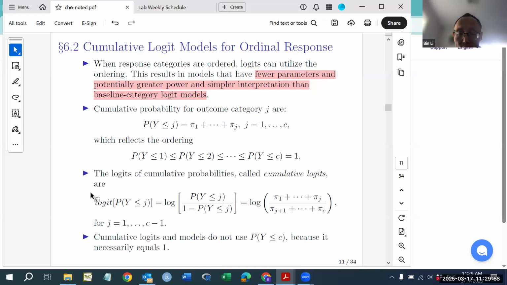Okay, so what is cumulative logit? It's the logit of the probability of Y less than or equal to J. That is the log of the probability of Y less than or equal to J over 1 minus the probability of Y less than or equal to J. So that's the log odds for Y being no greater than J. You may ask, if we do that, how do we estimate each category's probability?